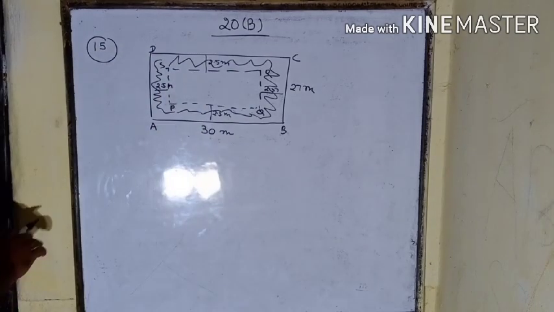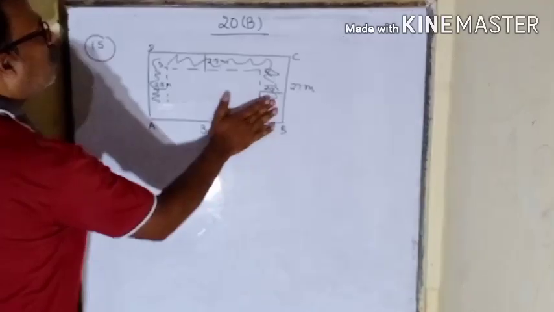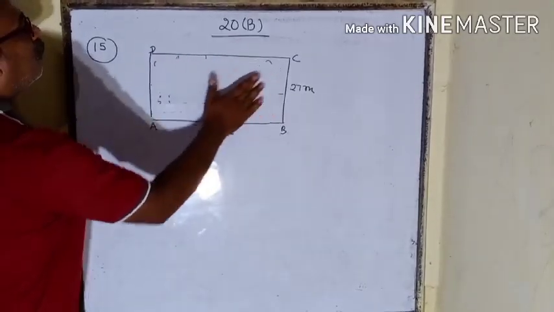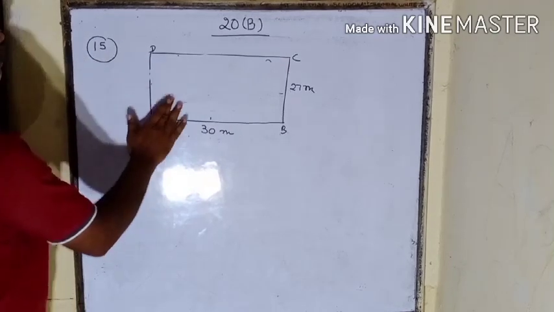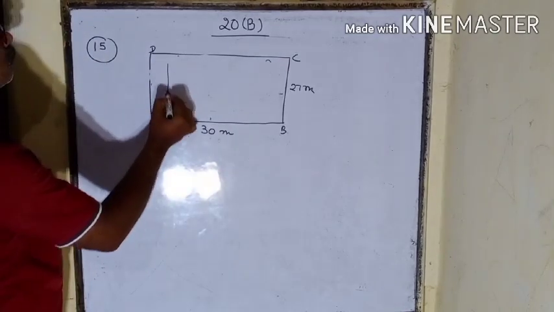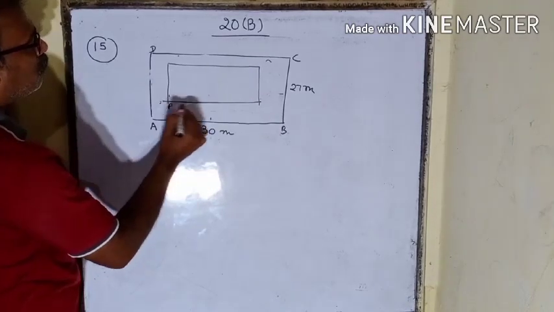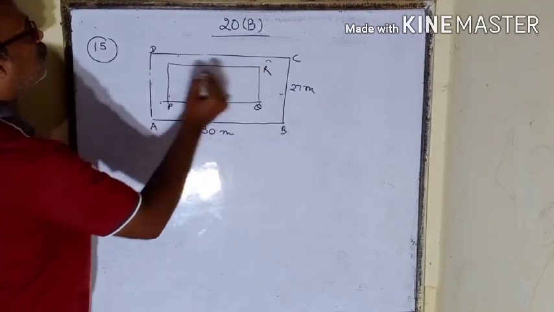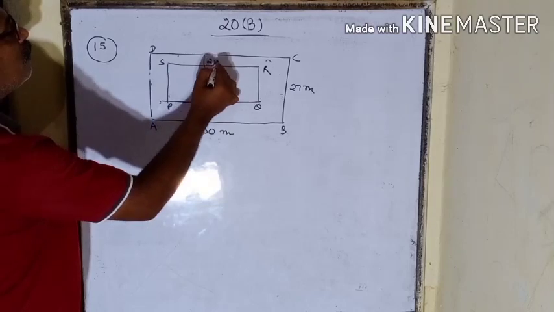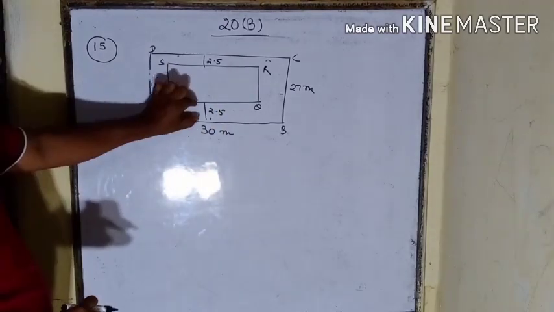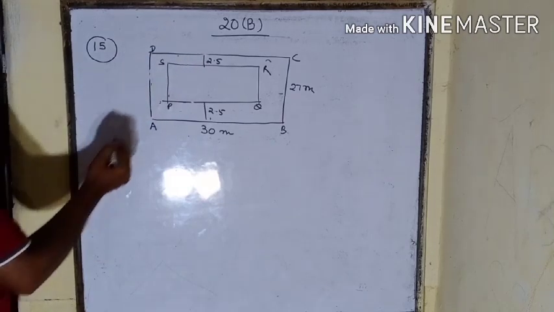So what we'll do in this figure, we'll find out the dimension of PQRS. How much is the dimension of PQRS? Since this is 2.5 and this is 2.5, the internal dimension will be 2.5 plus 2.5, 5 less.